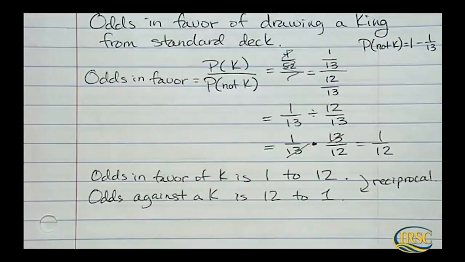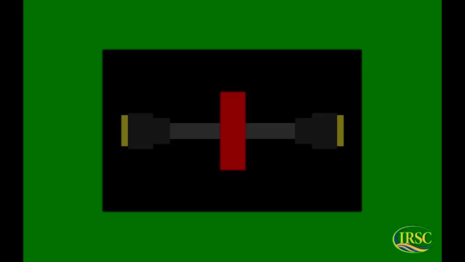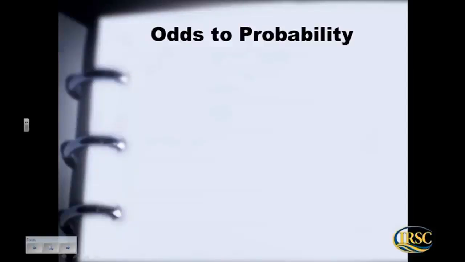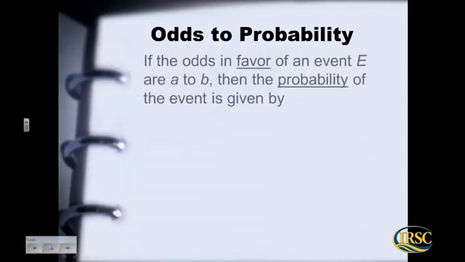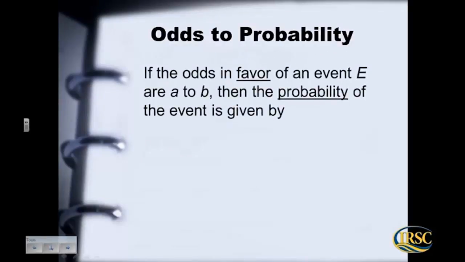That's when you don't know the odds, but you know the probability of something. You're also going to take a look at problems when you know the odds, but you don't know the probability of it happening. So if the odds in favor of an event E are A to B, we've gotten used to that pattern now, then the probability of the event is given by this formula.